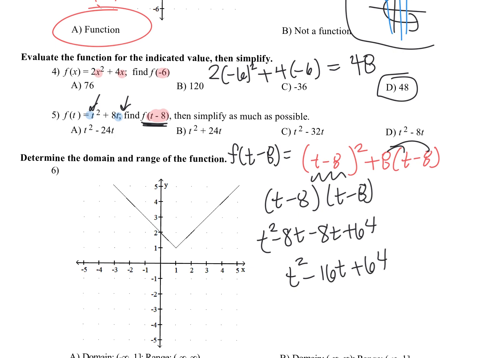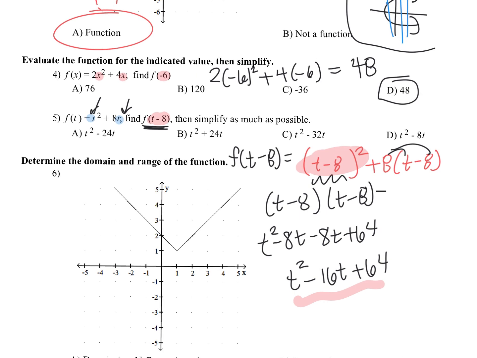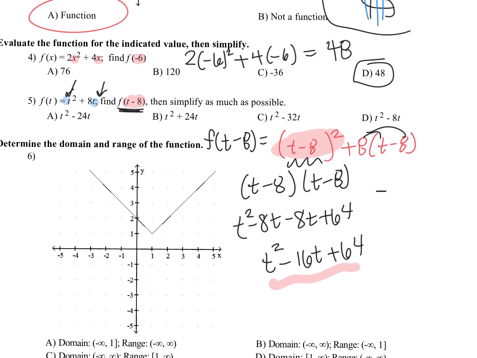Okay, so all I've done is I've worked this out, and I got this, and so now I'm going to drop down this part, and I can go ahead and distribute. So that would be positive 8t minus 64, right? I just multiplied that. So I'm going to drop this all the way down, and then I'm going to combine my like terms.